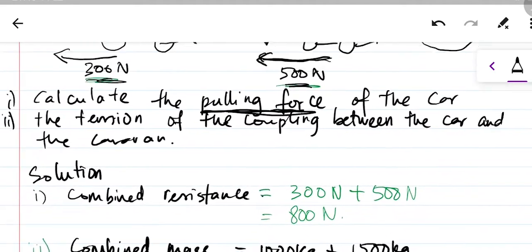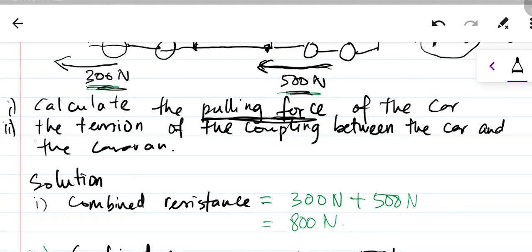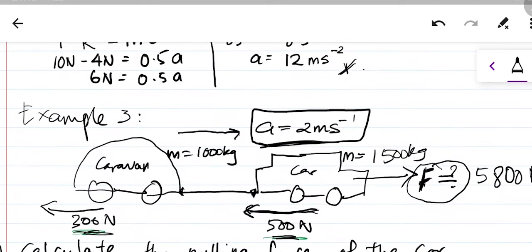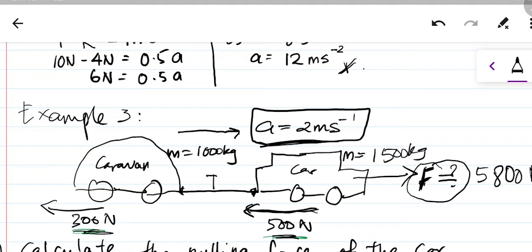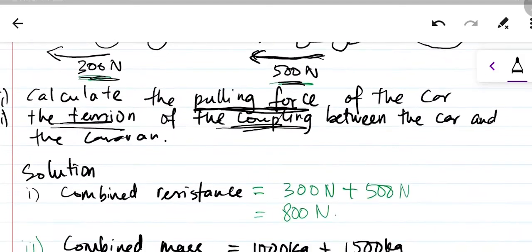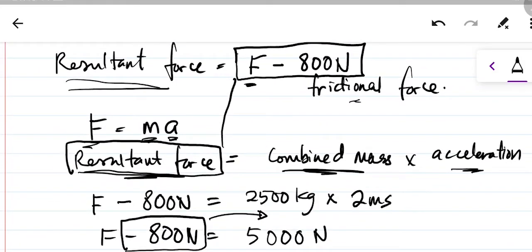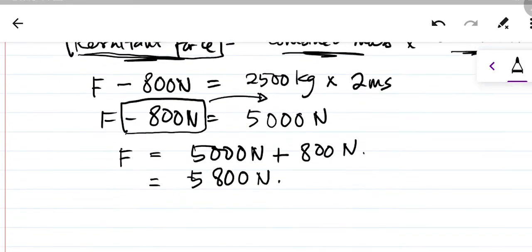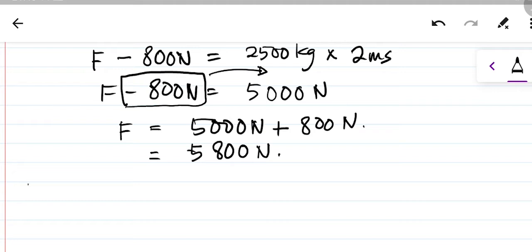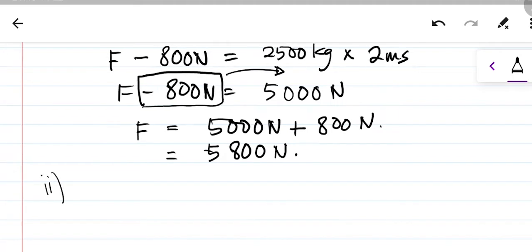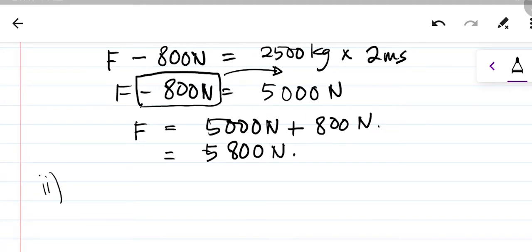Part 2, we want to calculate the tension of the coupling, meaning we need to find T here. What is that T? To find the tension in the coupling, we need to consider the car or the caravan separately.